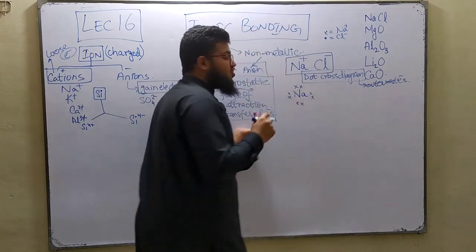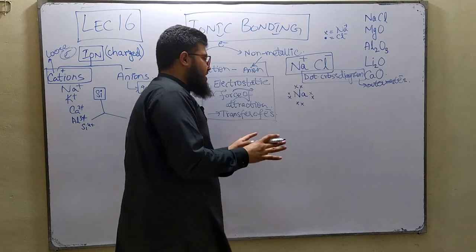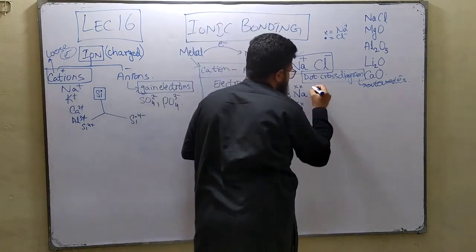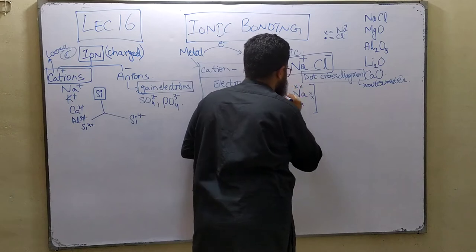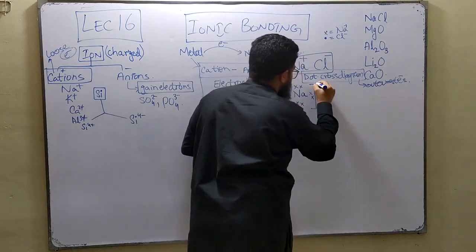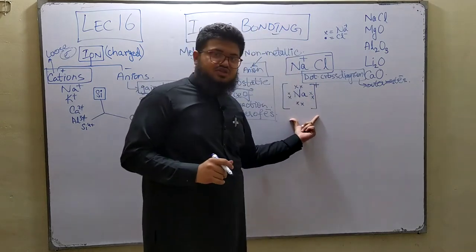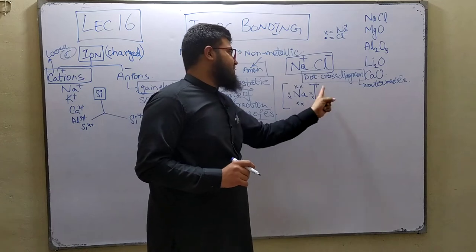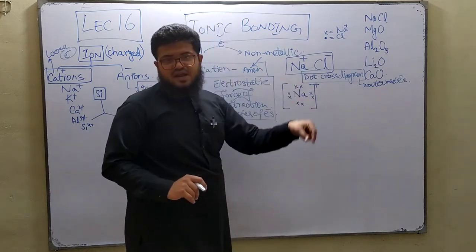And by the way, in A levels, it's fine to not draw the circles, but you have to show the charge. This is the charge of sodium, positive. You have to put the entire species of sodium in brackets and then put a plus charge, because that's the charge it gains after losing 1 negative electron.